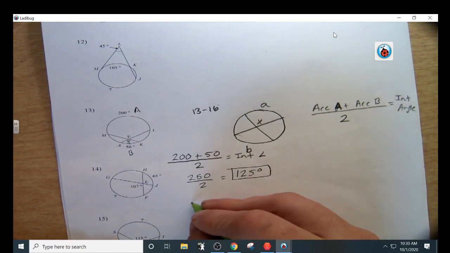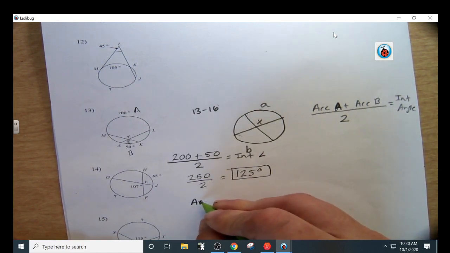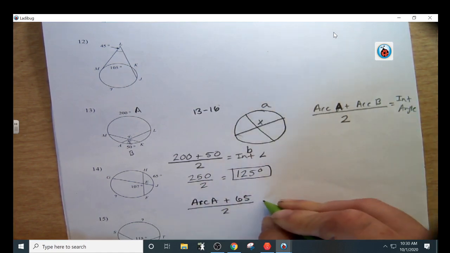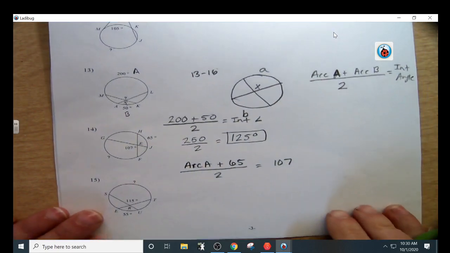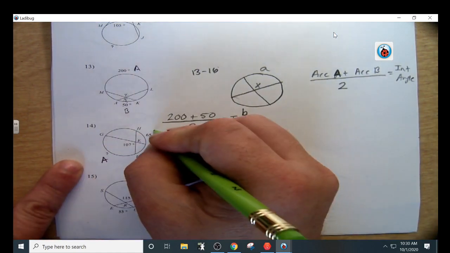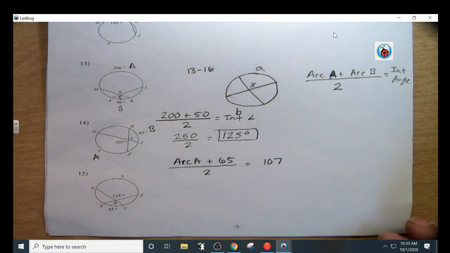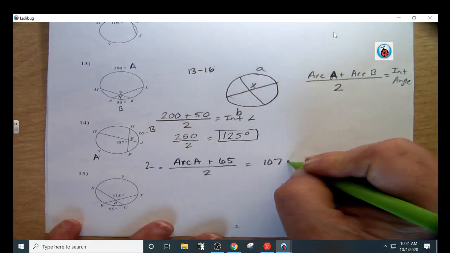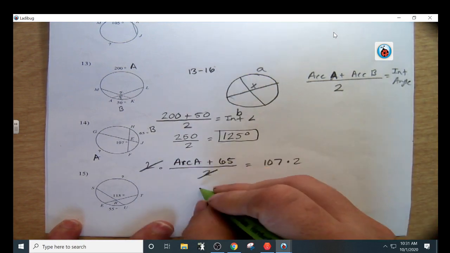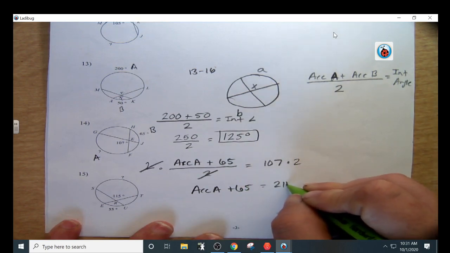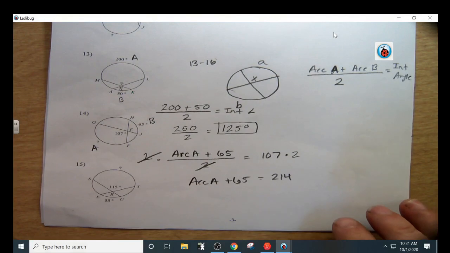All right, so we don't know what arc A is. I left arc A blank because we'll let this be A right here, arc A and arc B. Now we need to clear our fraction first, so we're going to multiply by the denominator. This cancels out, giving me arc A plus 65 equals 214. 2 times 107 is 214.